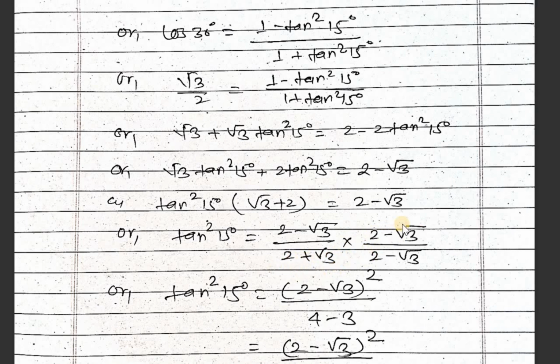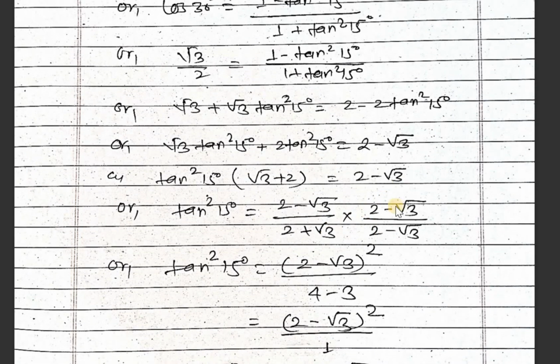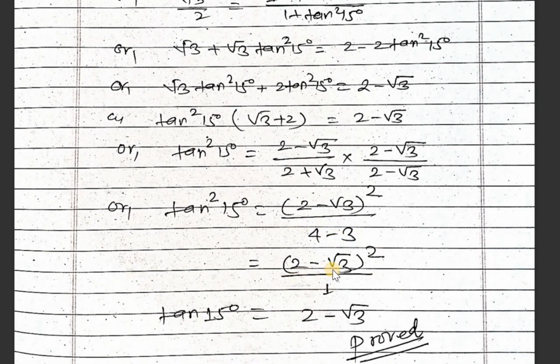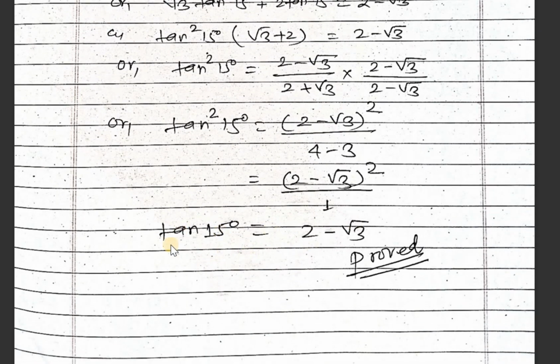Multiplying numerator and denominator by (2 - root 3), then you can get tan² 15 = (2 - root 3)² upon (4 - 3), and 4 - 3 is 1, so (2 - root 3) whole squared by 1 is (2 - root 3)². On both sides we can see a square, so removing the square on both sides, therefore we get tan 15 = 2 - root 3.